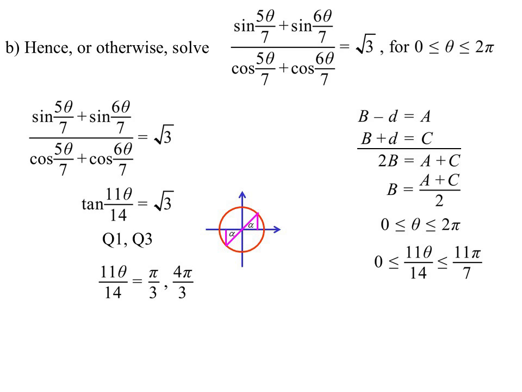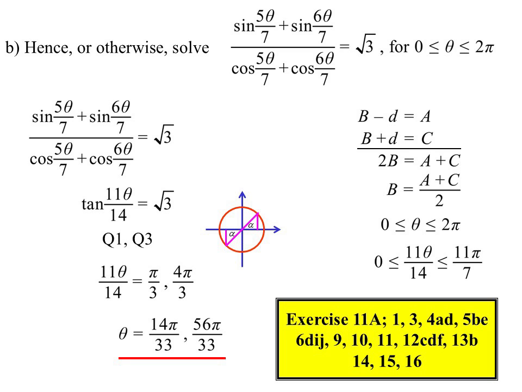And 4 pi on 3 is less than 11 pi on 7, so I do include both of these solutions. Divide both of them by 11 on 14, and we get these wonderful answers, 14 pi on 33 and 56 pi on 33. Yes, the numbers don't always work out to be nice. Okay, so 11A, just a bit of a recap on trig equations.